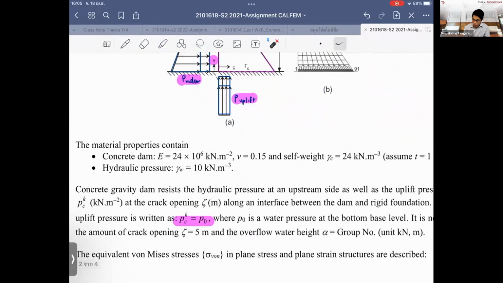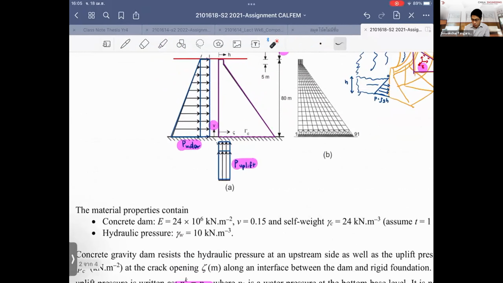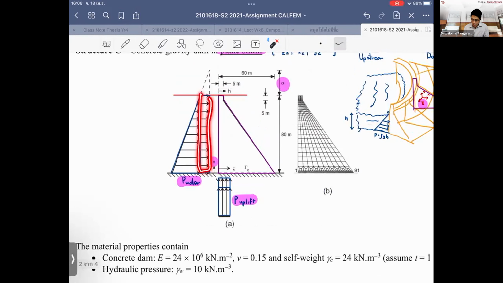So I say that the amount of the water pressure at the bottom tries to push the dam to the sides, and this tries to lift it up. The magnitudes of them are the same. But this one forms a rectangular water pressure and uplift, and this one forms a triangle, and also some part becomes a rectangle. The part that becomes the rectangle comes from the pressure that is overflow. Overflow means anything that sits above the top crest of the dam.